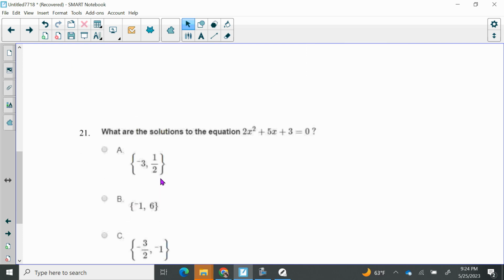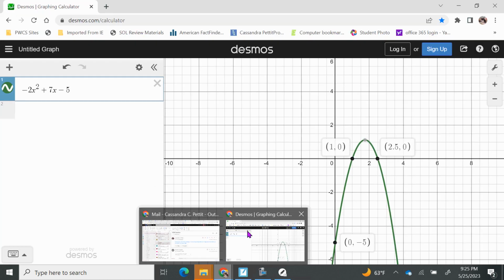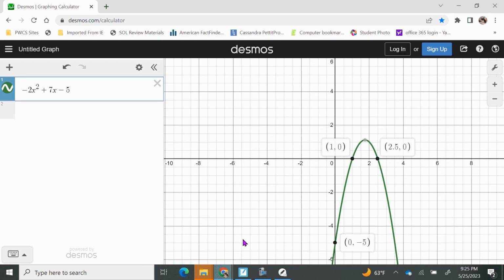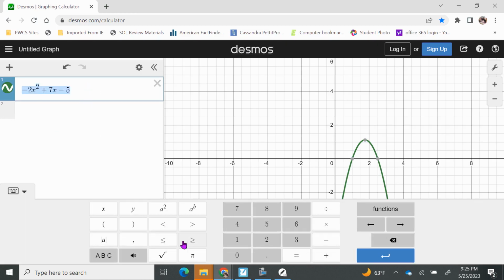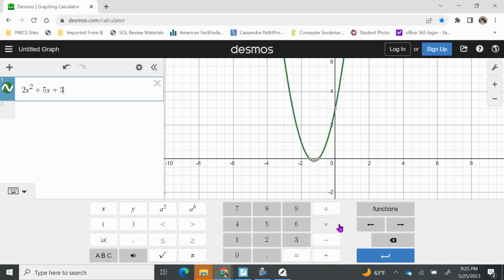Okay. What are the solutions to this equation? Now again, I could always just plug these in and figure out where they cross the x-axis or where this equals 0, or I could factor it, but let's go ahead and just use our resources. Let's use Desmos. So this one is 2x squared plus 5x plus 3.